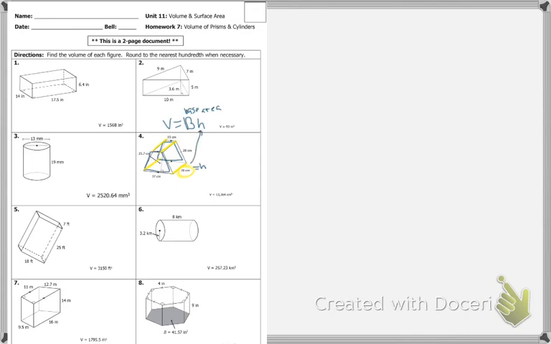We have it. So all that's missing is the base area. Well, we found out who the bases are. We found out that they're trapezoids, right?